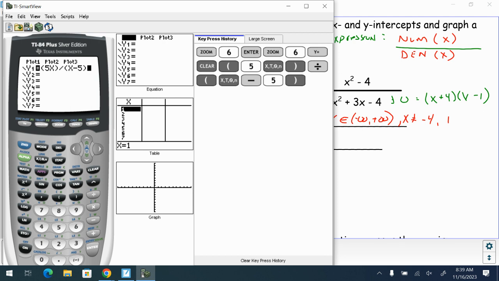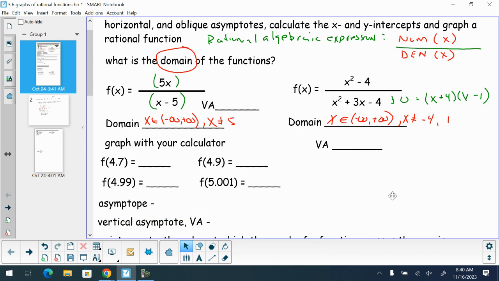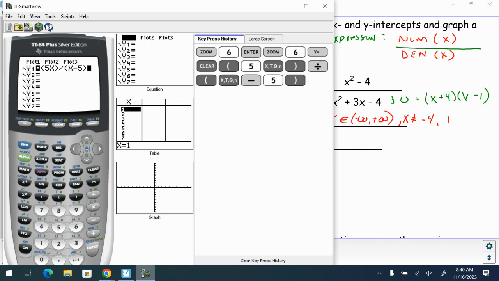And what we want to be able to calculate is the values of this function at 4.7, 4.9, 4.99, and 5.01. Well, how do we deal with that with our calculator? If you hit your second button, above the trace you have the word CALC.